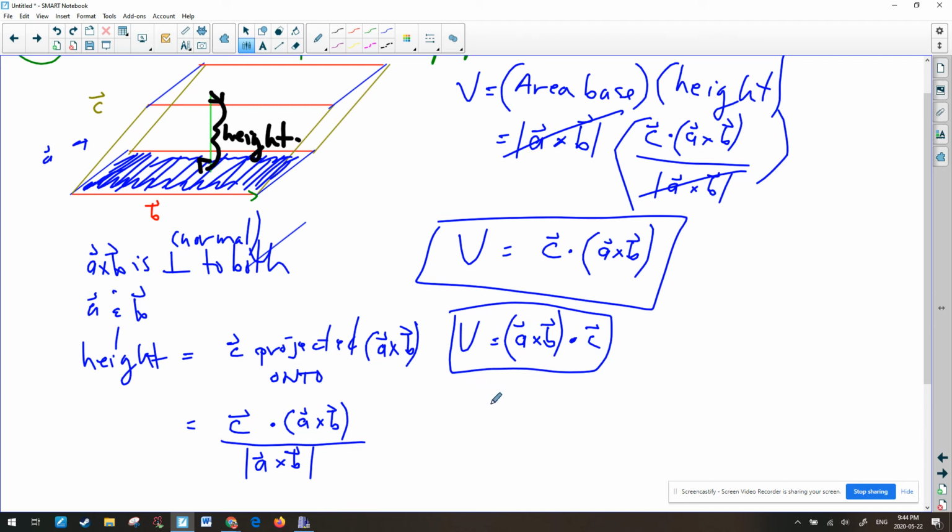But you could also say, I'm going to do A crossed with C and dot that with B. And that'd work. Or you could do C crossed with B, dotted with A. That works as well.